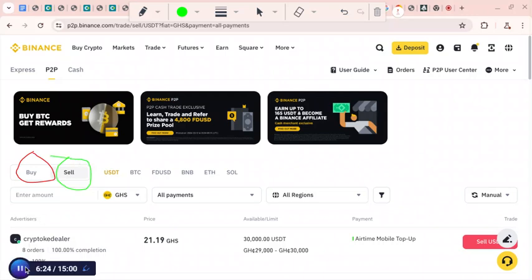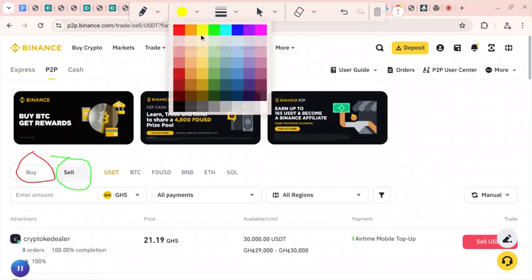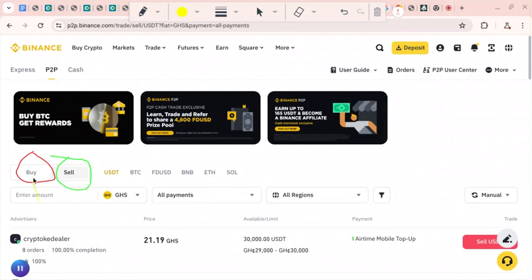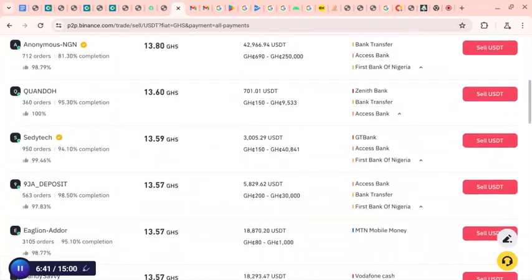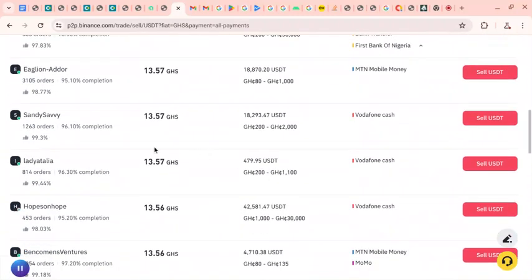If I want to buy my USDT, I'll go here to buy it. If I want to sell it, I'll come here to sell it. In this case, I bought USDT at the rate of 13.56 and I'm selling it at 13.57. It's a no to me.